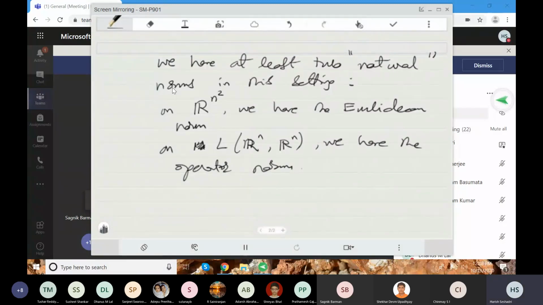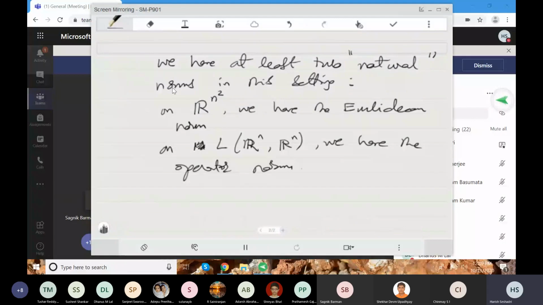Since we are identifying these spaces, in effect, we have two different norms on the same vector space. So in this case, some issues will arise.